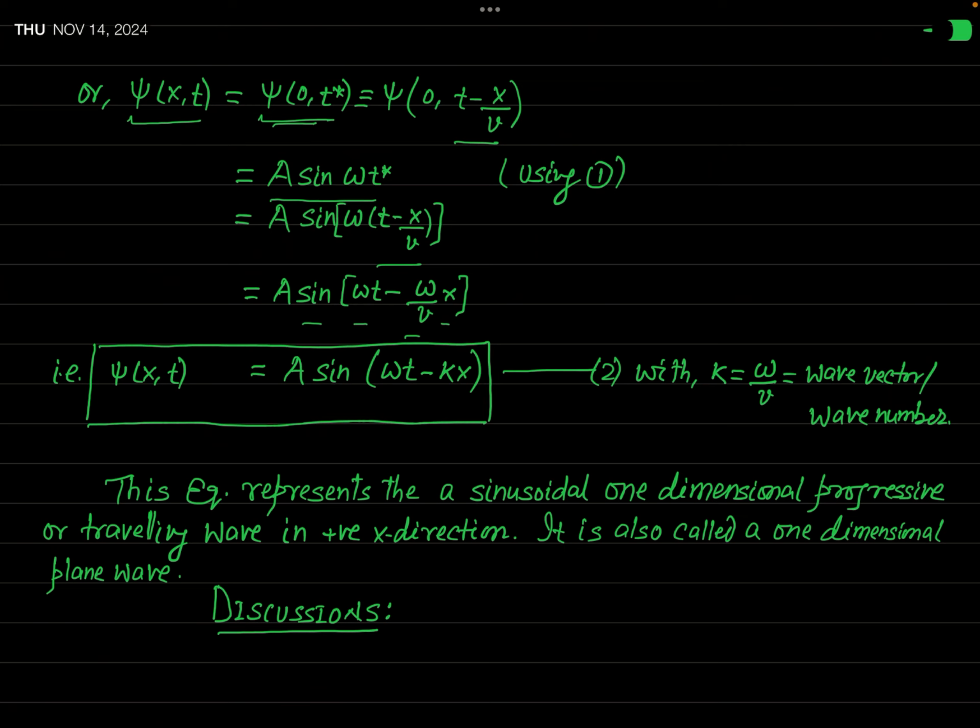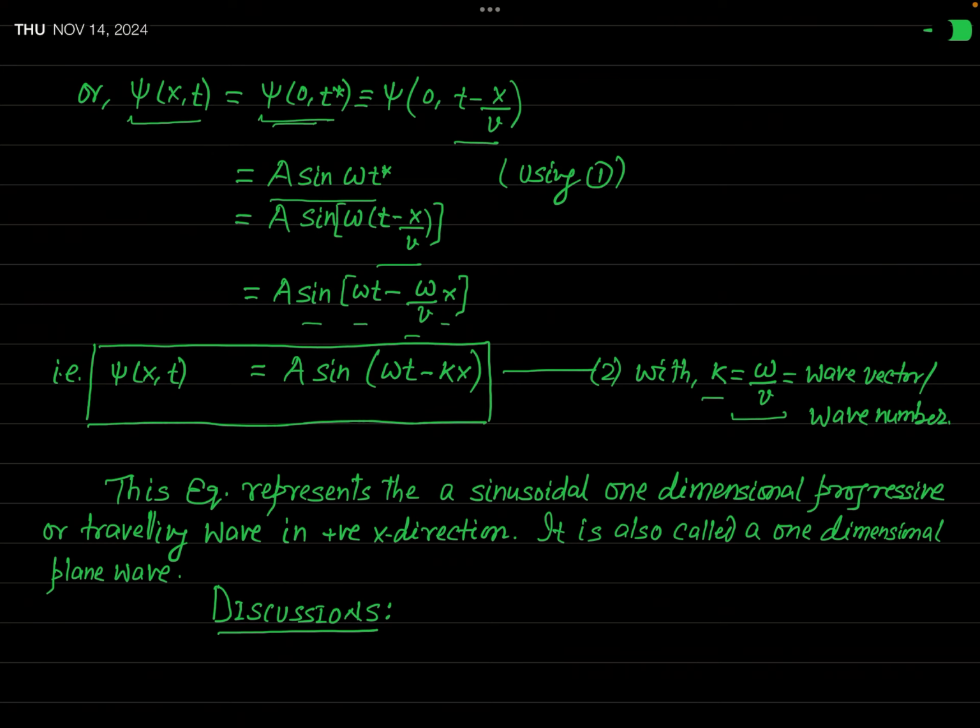When I taught you the motion of continuous media, several times we saw that this omega over v was denoted by the symbol k, and I always told you that this k is a constant in that condition.